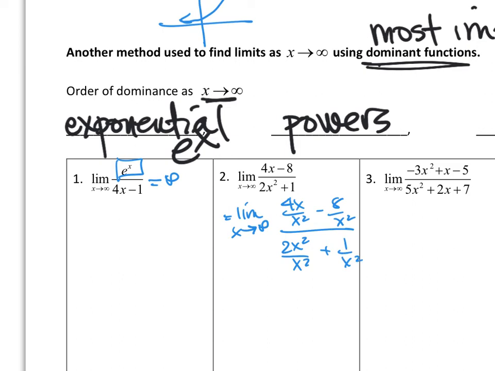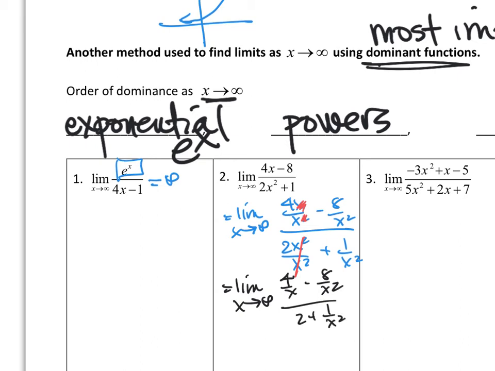So what's going to happen? We are going to end up with these simplifying. This gives us an x in the denominator. That goes to 1. The others stay the same. So we would have 4 over x minus 8 over x squared over 2 plus 1 over x squared.